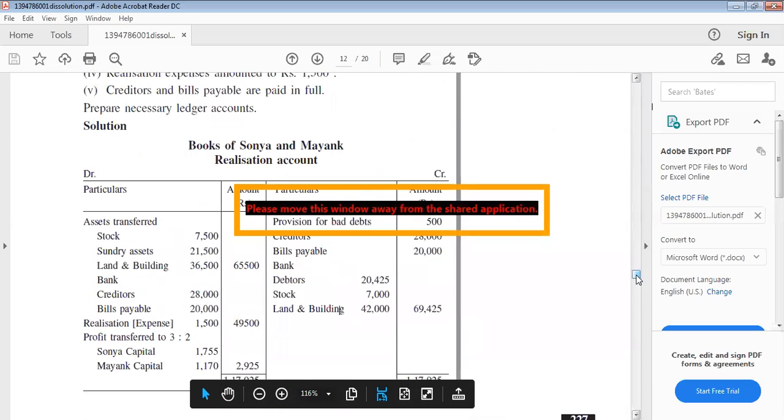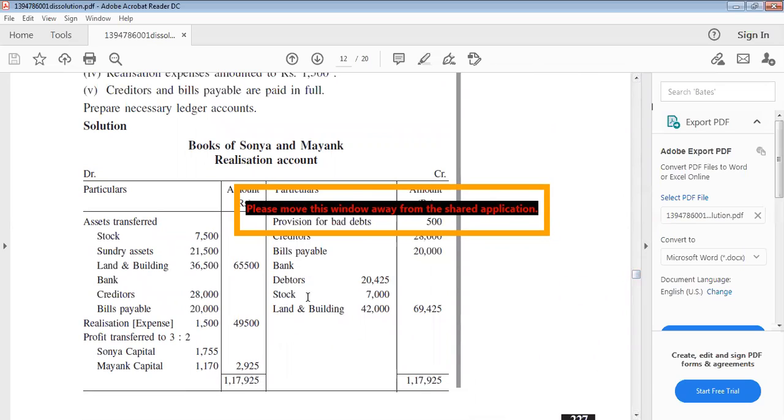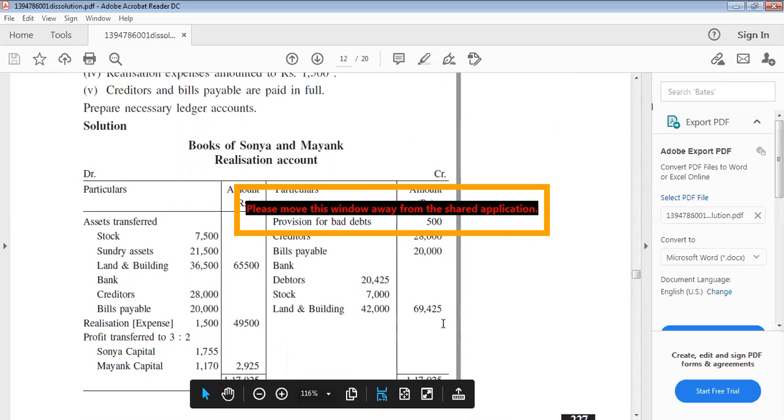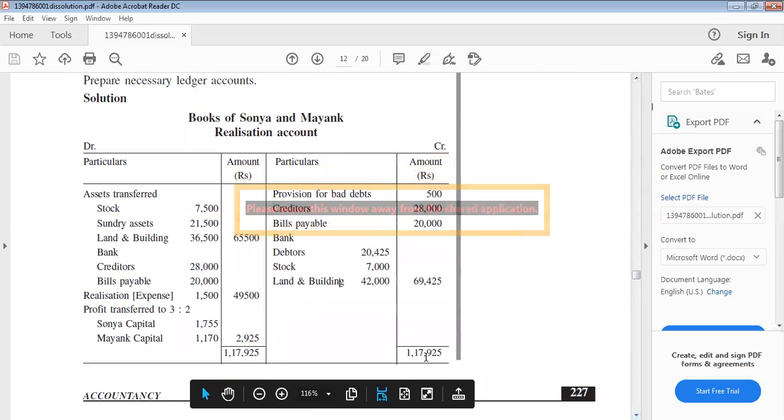Debtors now is 20,425. Stock is 7,000 as you see up there. And then the building is 42,000. You're gonna add them up now and get 69,425. Then you're gonna add up all of these and you will get 117,925.